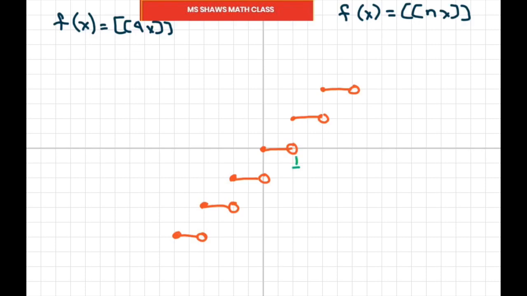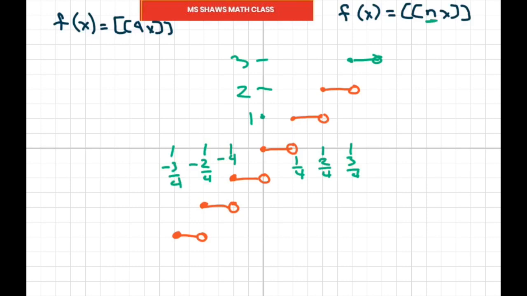So this is 1/4, maps to 1, 2/4, maps to 2, 3/4, maps to 3. And then you go on and on, and then just copy this: -1/4, -2/4, -3/4.